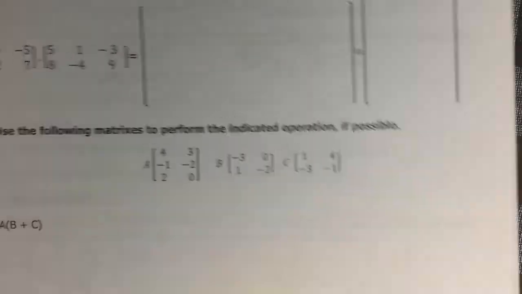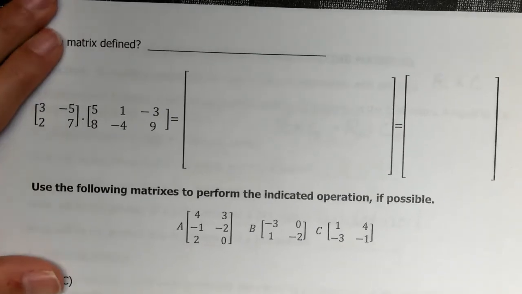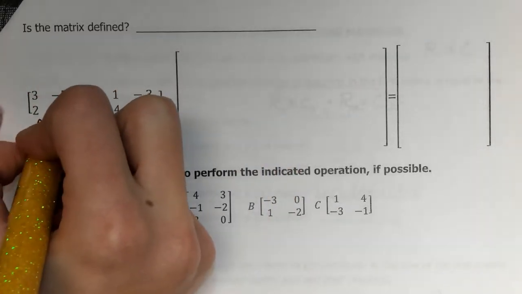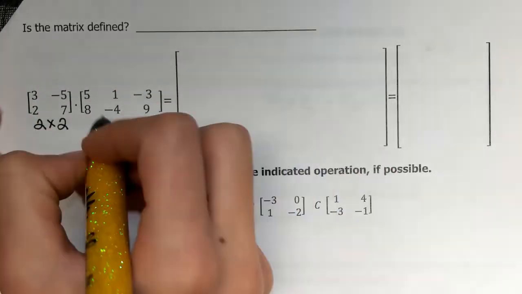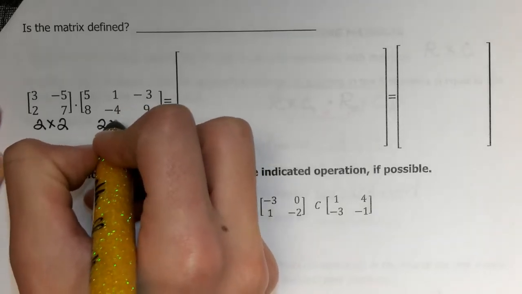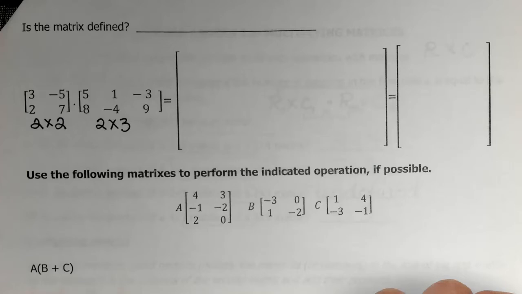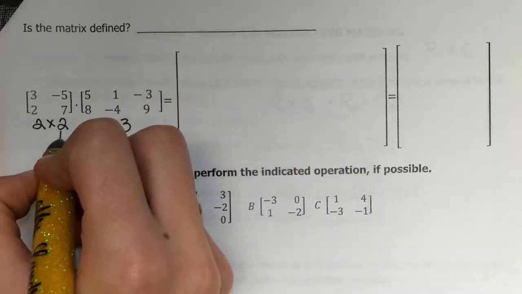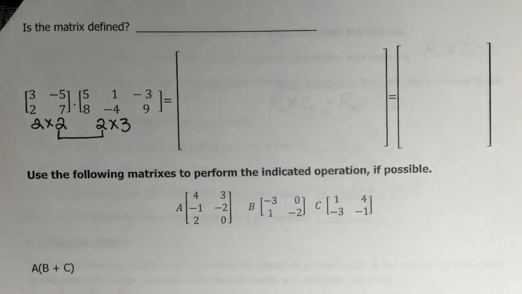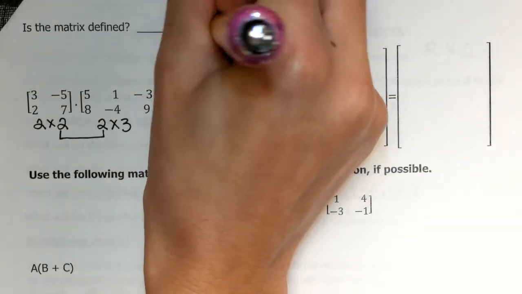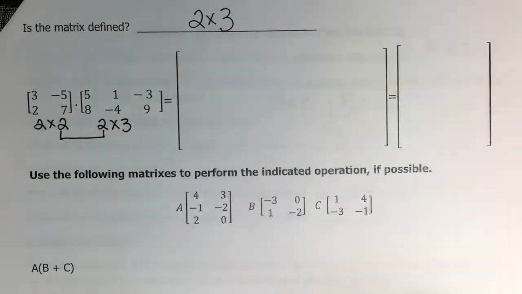Okay. So now we have a 2 by 2 with a 2 by 3. Can I multiply it? What's it going to turn into? Do y'all want to try this one on your own? See if you can give it? Okay.